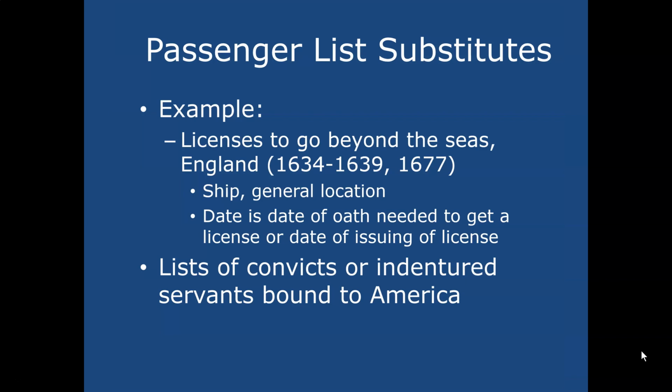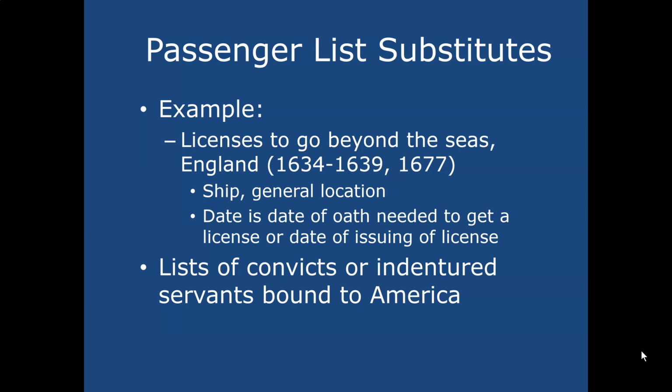In the example that we showed, it wasn't an actual passenger list where that data came from. It was from something called Licenses to Go Beyond the Seas of England, which cover the 1630s into 1639. There is also some information from 1677.